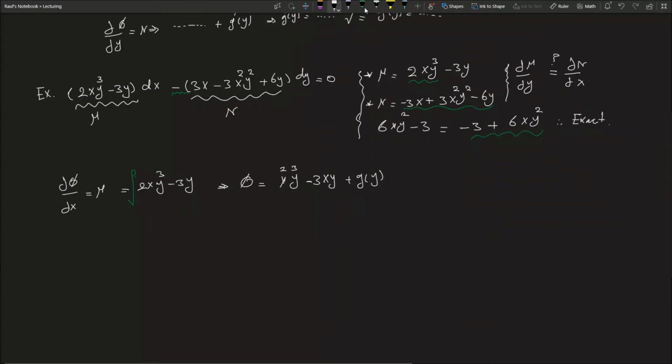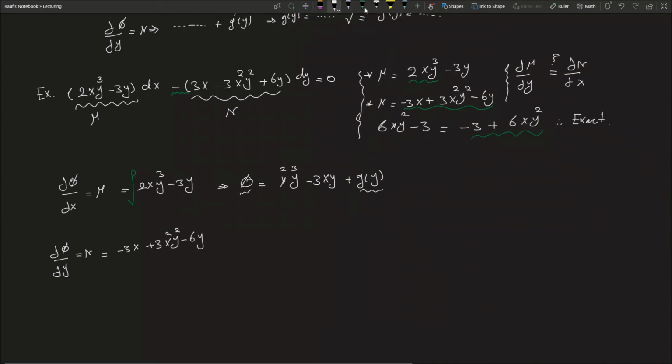Next, we want to find the value of g of y by differentiating the function phi. Partial phi over partial y equals nu, which equals minus 3x plus 3x squared y squared minus 6y.